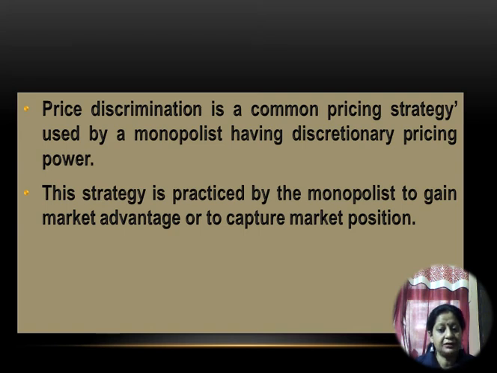Why is the monopolist doing this type of practice? Just to grab more and more market area and have their command, or to take maximum advantage of the market by grabbing more and more market area of the same commodity. The monopolists are charging different prices for the same product in the form of price discrimination.